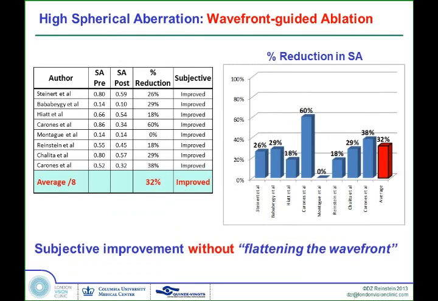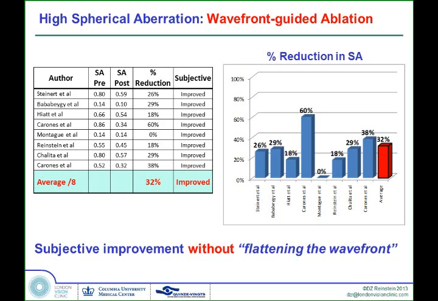And when we looked at the effectiveness of these wavefront-guided approaches, what we found is that if we averaged them out, there was an improvement in pretty much all of them, but the average was about a 32% improvement, and that includes a little extra one which got a 60% improvement in the middle, which kind of does skew the results a little bit.